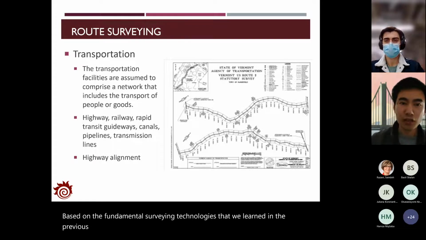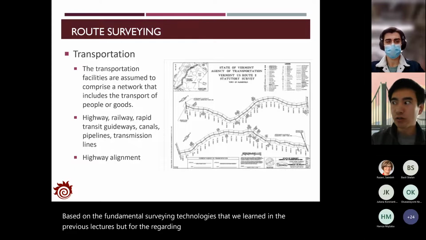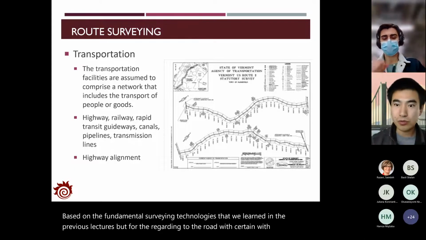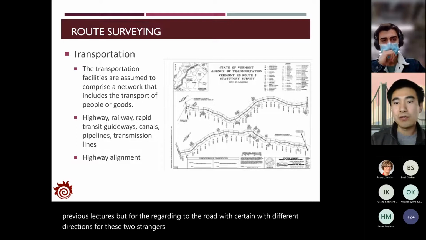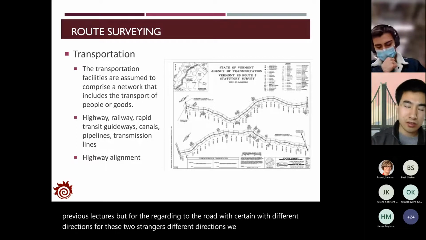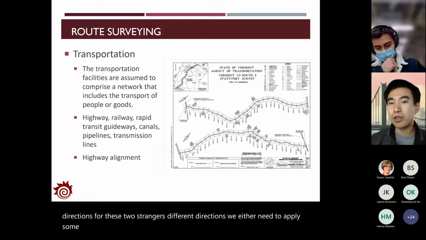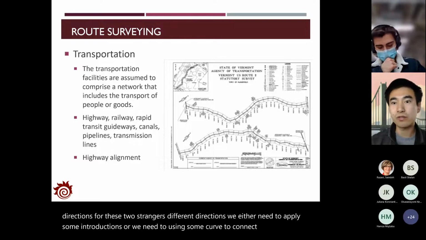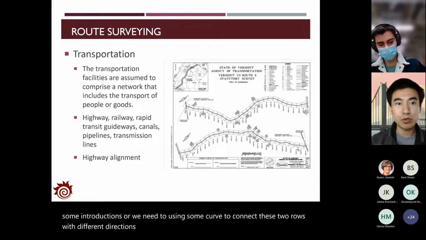But for two straight roads with different directions, we either need to apply some intersections or use a curve to connect these two roads smoothly, and that will require us to do the route surveying.